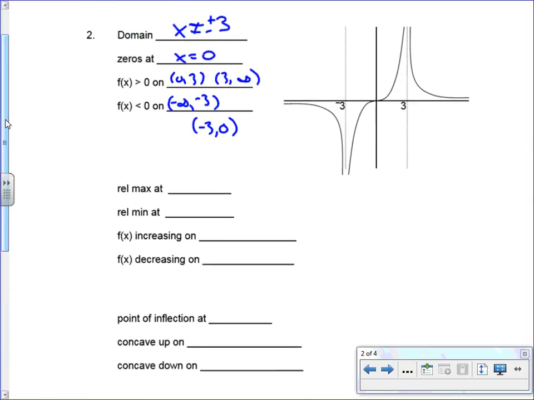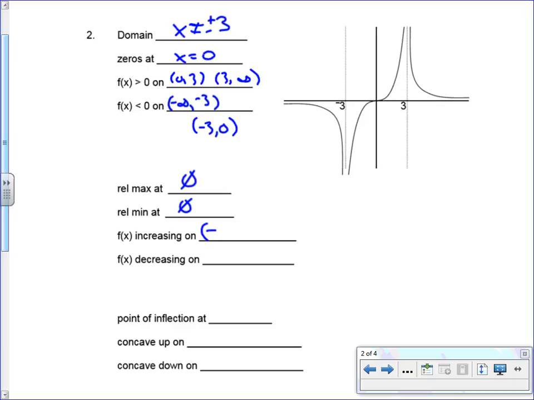Relative max. Not 1, so that doesn't exist. Relative min, it doesn't have 1. Okay? Increasing and decreasing. And what's it doing first? That's just the best my poor old computer can do. It's decreasing.